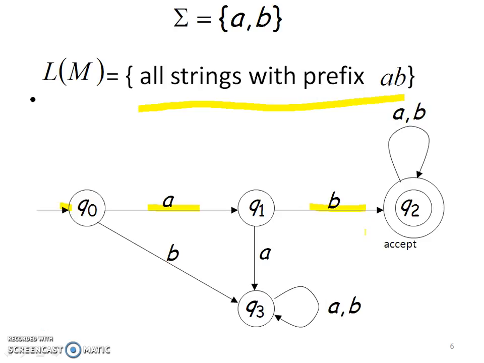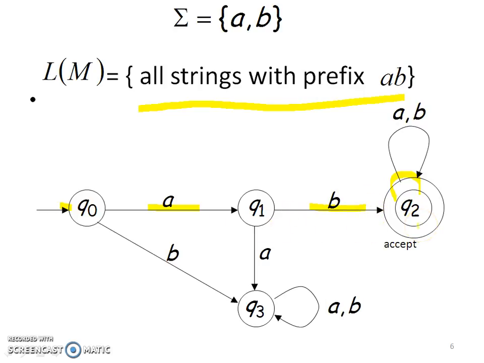Another example of an accepting string could be A, B, and then A maybe one more time, or any number of A's and B's. So one example is AB, another is A, B, B, B, a third could be A, B, A, A, B, B. These would be examples of strings that would be accepted by this DFA.